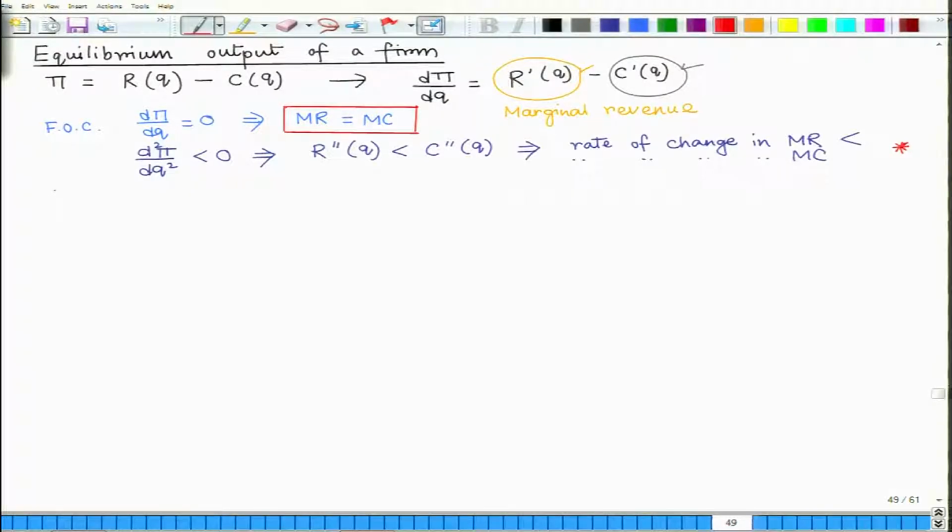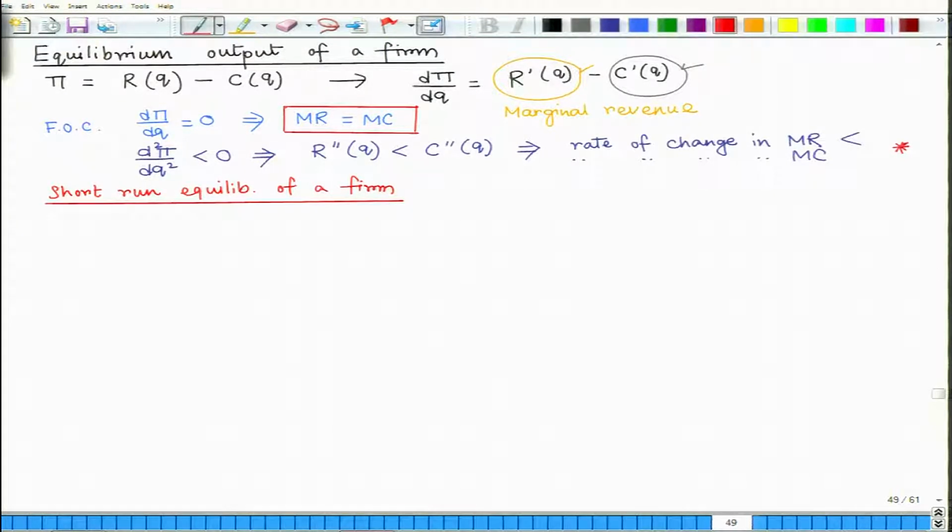Now, let us look at how the first order conditions and second order conditions that we have just derived have different interpretations for a competitive farm. Here we are going to distinguish between short run and long run. We are going to study the short run equilibrium of a farm in today's lecture.